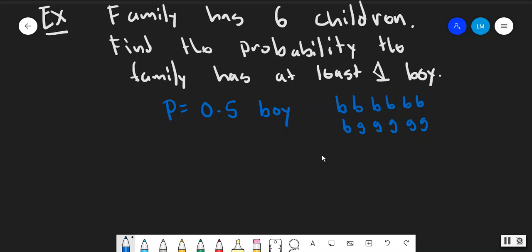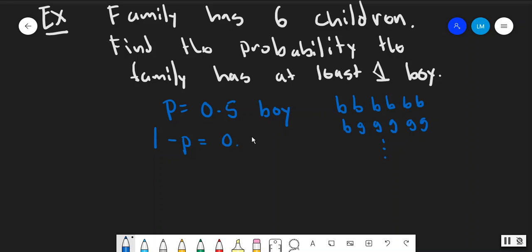Now this is going to get a little complicated because the sample space is going to be very big if we do that. So this might take too long. If we just assume independence, then this is going to be a lot easier. So here's what we'll do. We'll compute the probability that a boy is not born.